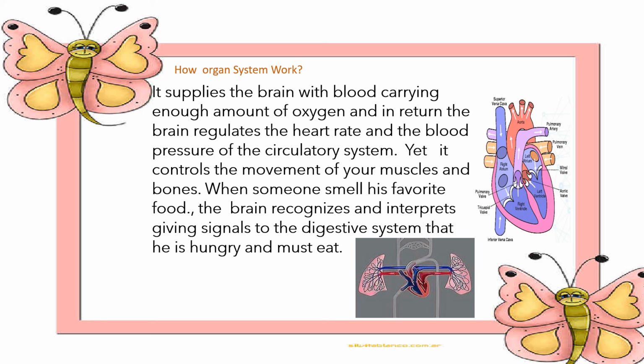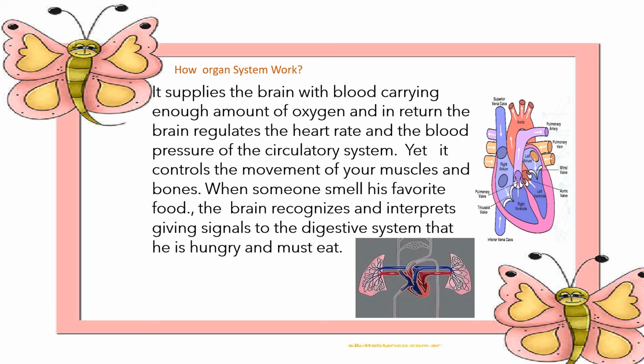It supplies the brain with blood carrying enough amount of oxygen, and in return, the brain regulates the heart rate and the blood pressure of the circulatory system. Then it controls the movement of your muscles and bones. Then when someone smells his favorite food, the brain can recognize and interpret this, giving signals to the digestive system that he feels hungry and must eat.